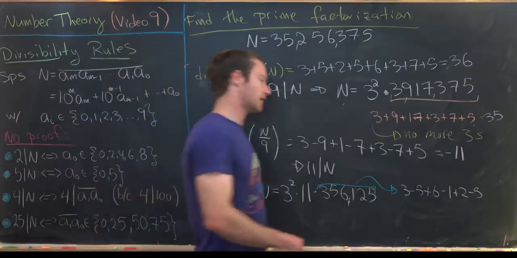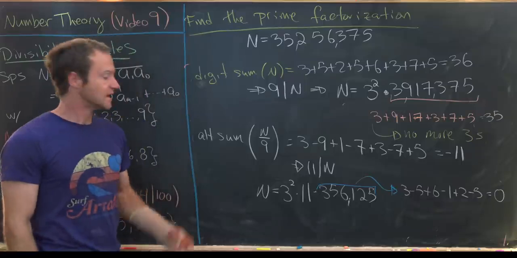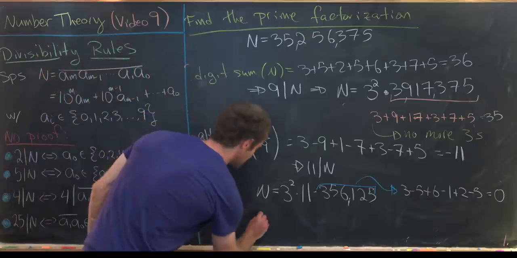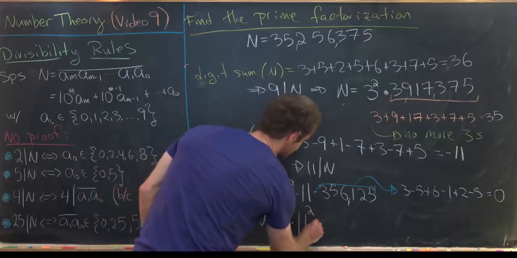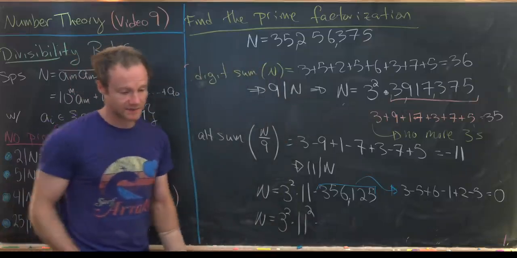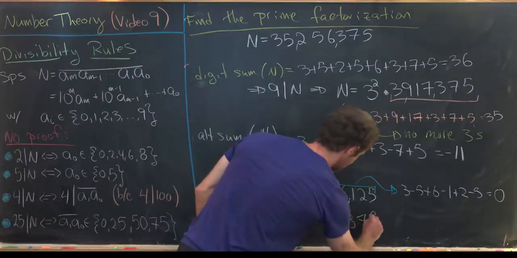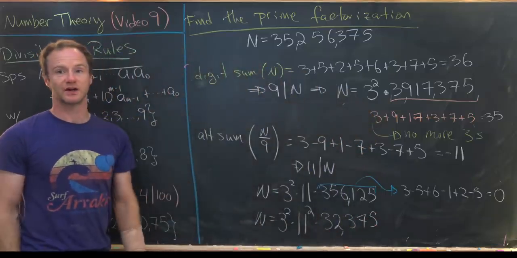So let's see, if you add all of that up, you get the number 0, but 0 is divisible by 11. So that means you can divide another copy of 11 out. That's going to leave us with n equals 3 squared times 11 squared times 32,375. Now let's maybe bring that up and then we'll finish it off.